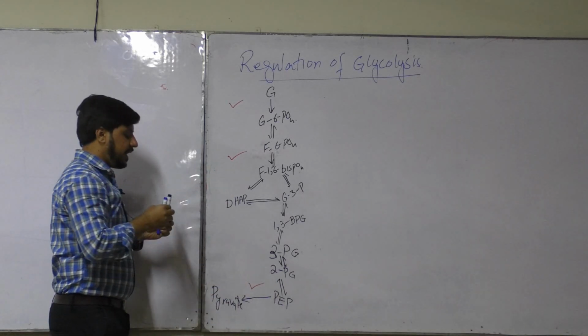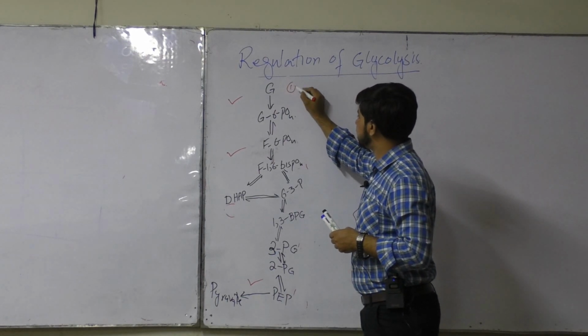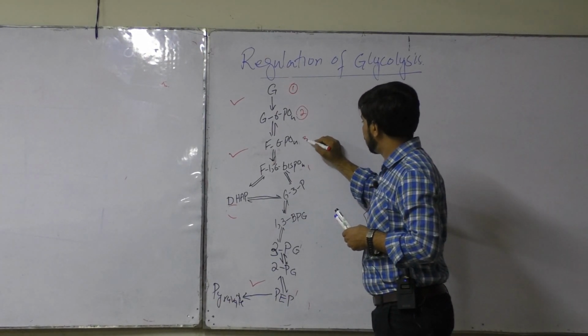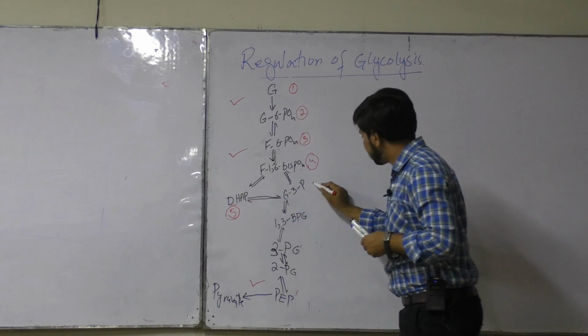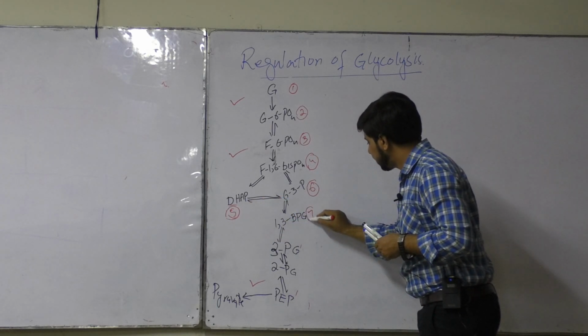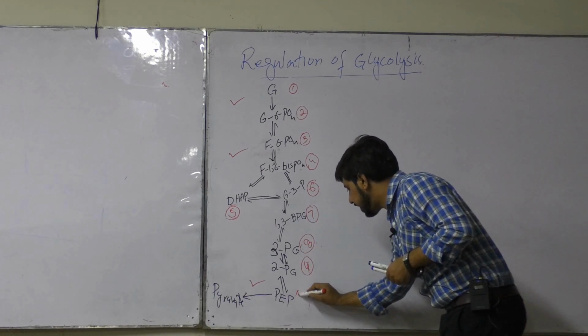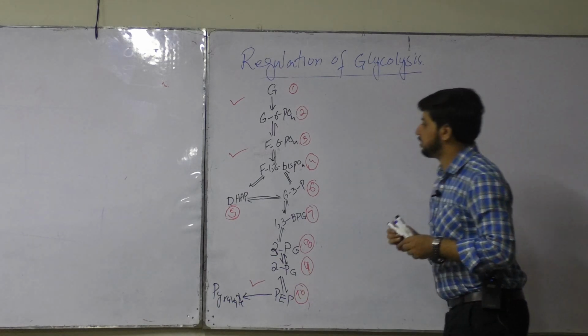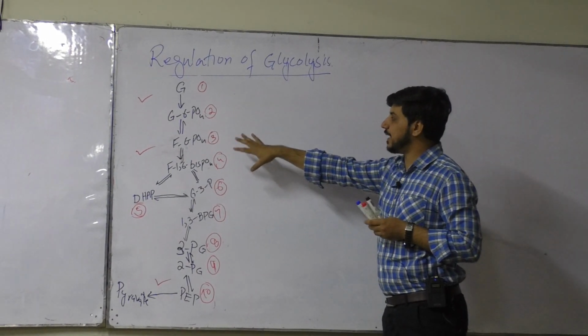If we number these chemical reactions, this is chemical reaction number 1, 2, 3, 4, 5, and this one is number 6, 7, 8, 9, and 10. Which ones are the irreversible chemical reactions?